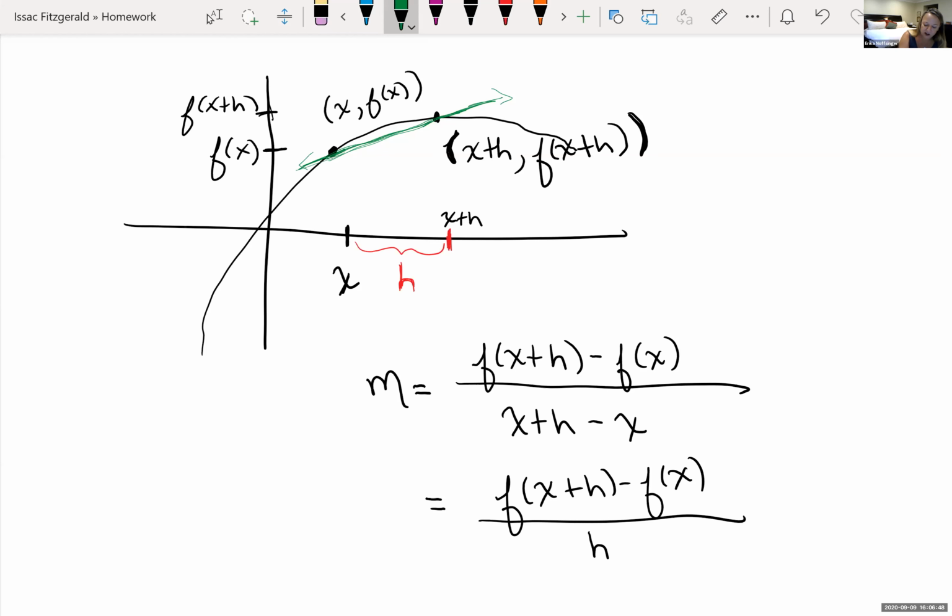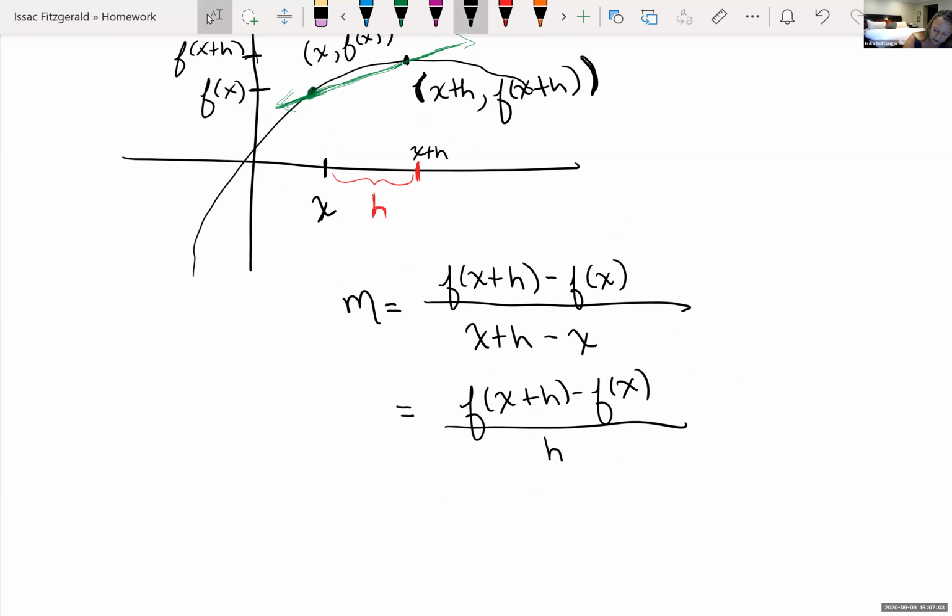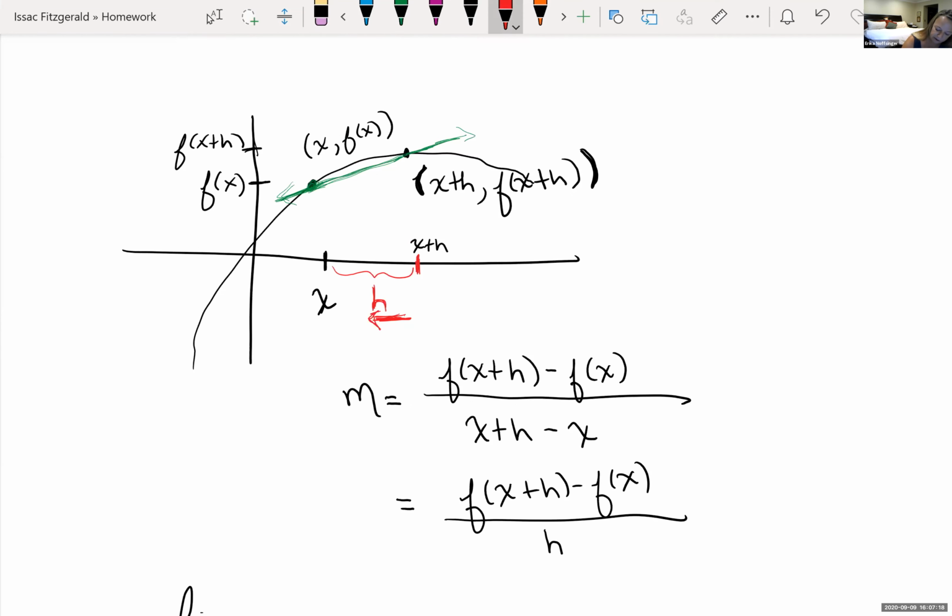But let's say I wanted to know exactly what was happening here at x. Well, notice if you take that limit, we make the size of h get closer and closer to 0. So if this h value, that distance, is shrinking down and getting closer and closer to x, if we put the point here, this would give me a better estimate versus the green line.